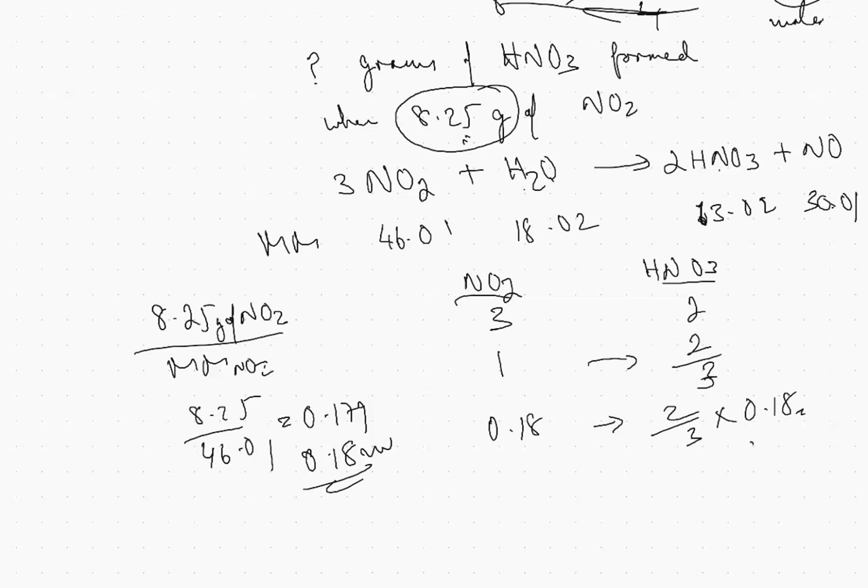To do that, I multiply by 63.02. So 0.12 times 63.02, I get 7.56 grams. So that's the answer.